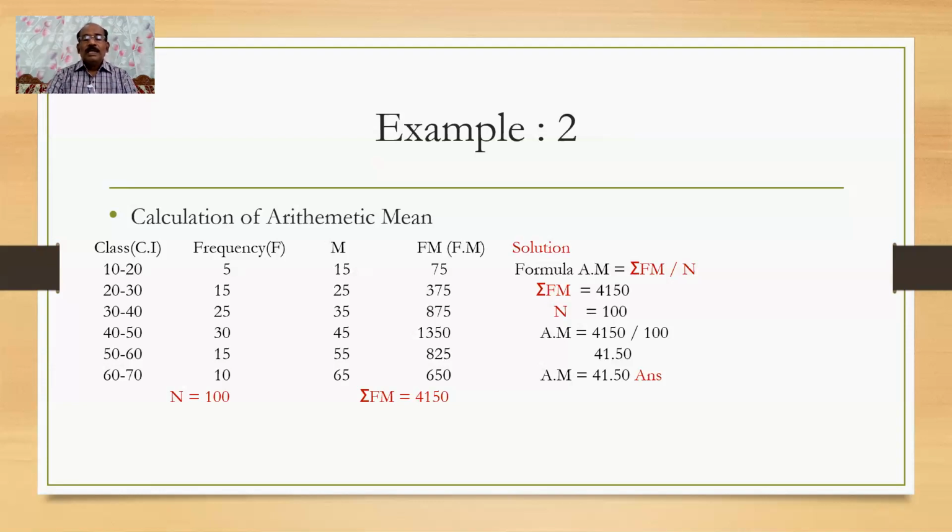If you add these Fm values, we get sigma Fm. That means 75 plus 375 plus 875 plus 1350 plus 825 plus 650. The sum of these products is 4150.